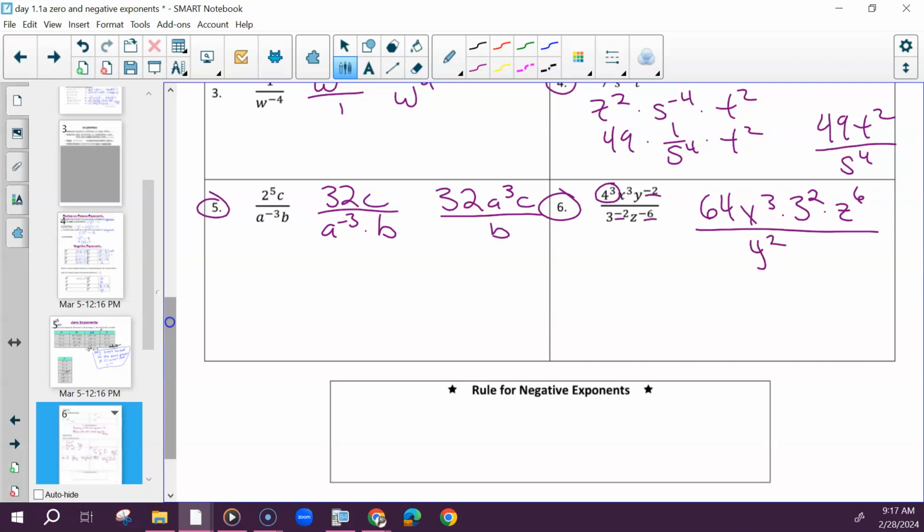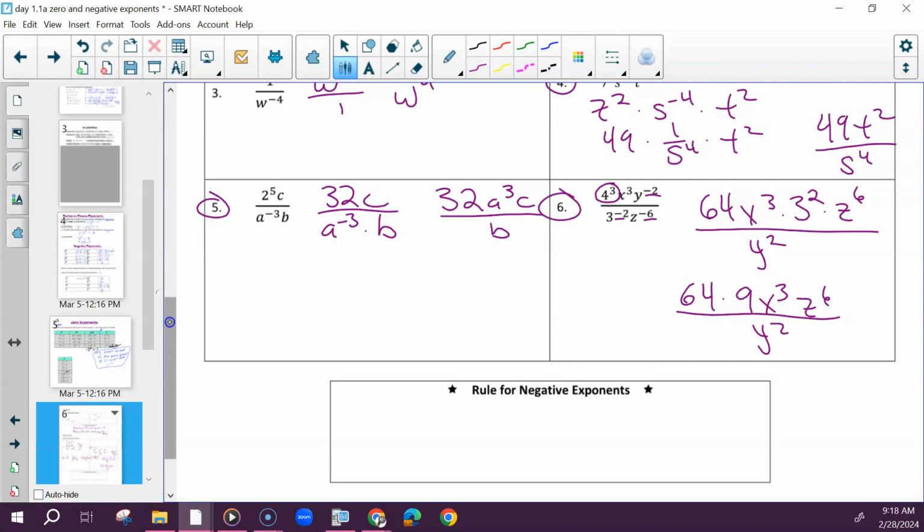So we've switched places. Now we can figure out what 3 squared is, and I'm going to move that next to 64. What is 3 squared? 9. And then our last step would be to actually multiply 64 and 9.